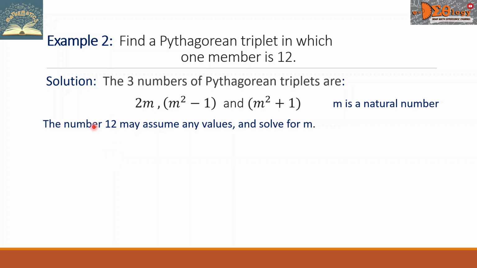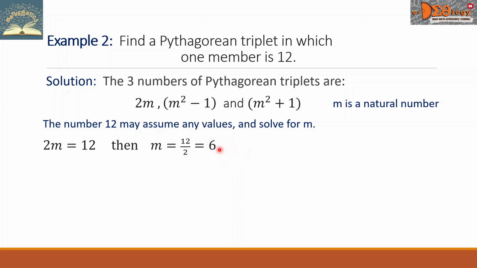In this case, the number 12 may assume any of the three values. Then we solve for m. Let's begin with 2m equated to the number 12. Then we solve for m. We have m equals 12 over 2, and the answer is 6. And 6 is a natural number.